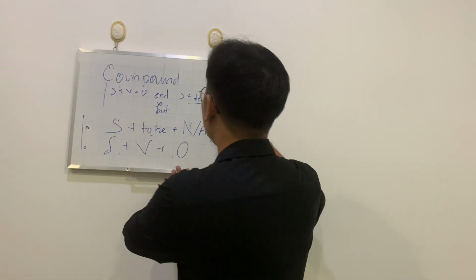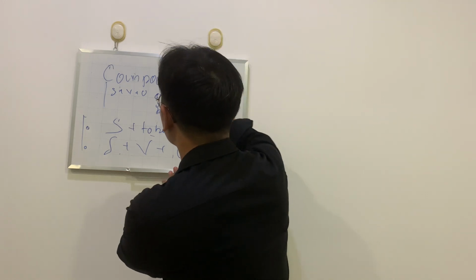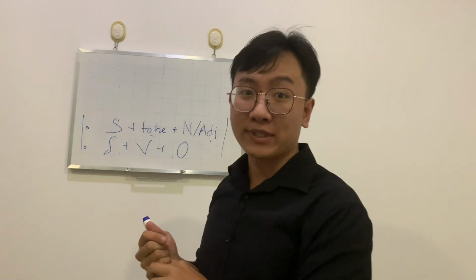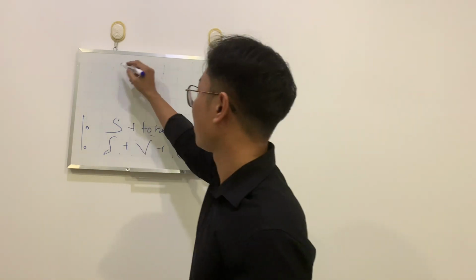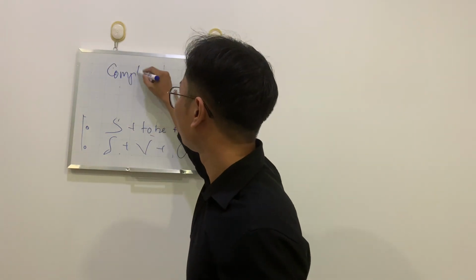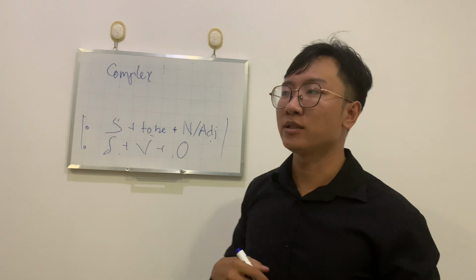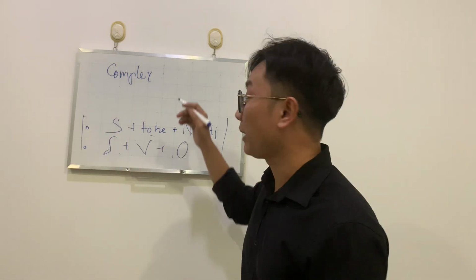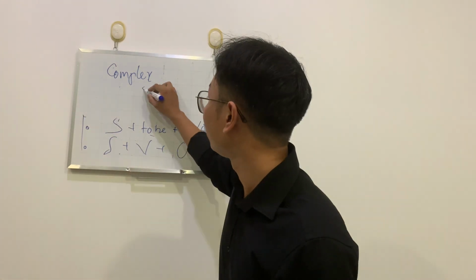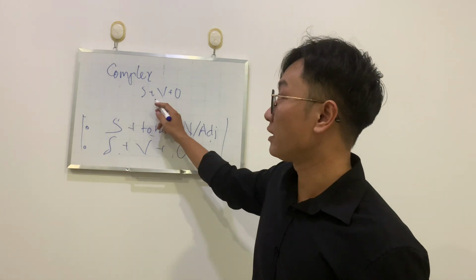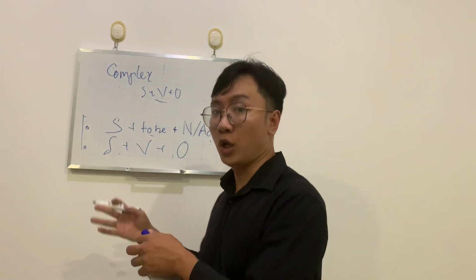So now we work on our last type of sentence, which is the complex sentence. To make a complex sentence, first, easy, make a simple one. See, this is my simple sentence, SVO.